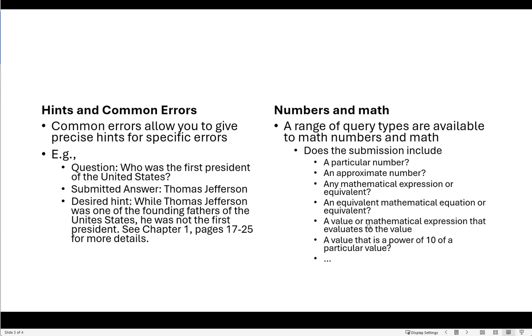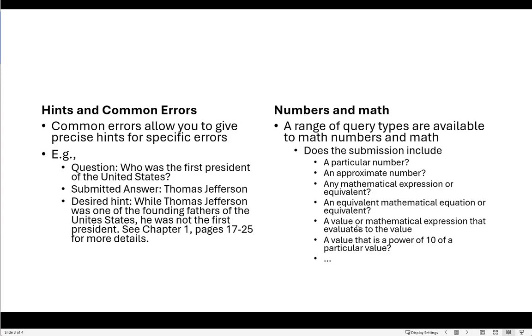For example, maybe they submitted something and it says 20 divided by 2 is their final result, which evaluates to 10. So we can search for if they have submitted something that is 10 or evaluates to 10. And then also, is there a number which is a power of 10 of a particular value?